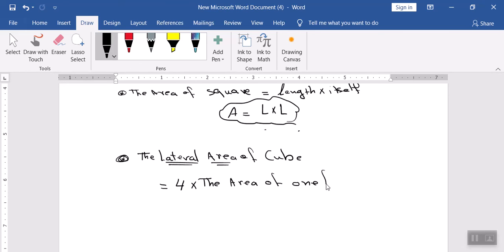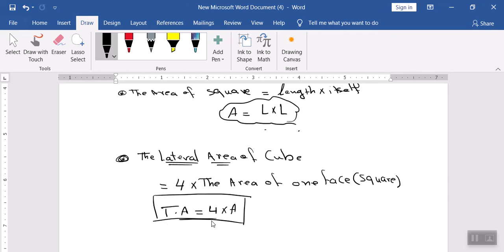This face is a square. This is in brief the lateral area.